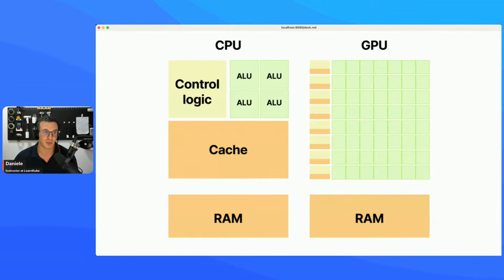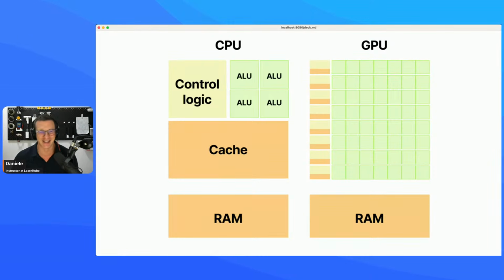We don't need to predict if it's going to be an if-else. No, there's going to be the same multiplication over and over for 64, 128 times, and so on and so forth. It turns out you can have one control logic unit for like 64 arithmetic logic units. So you can have less silicon dedicated to deciding where the next instruction is going to be.